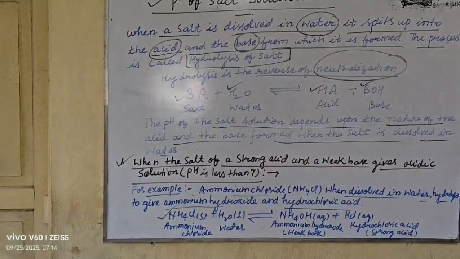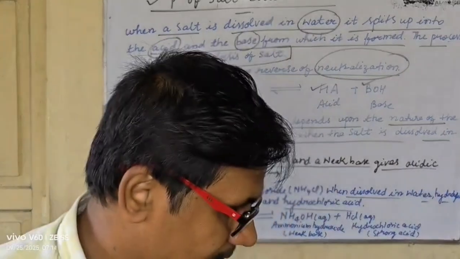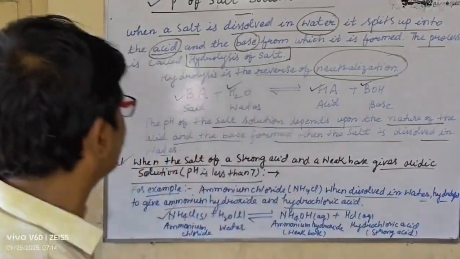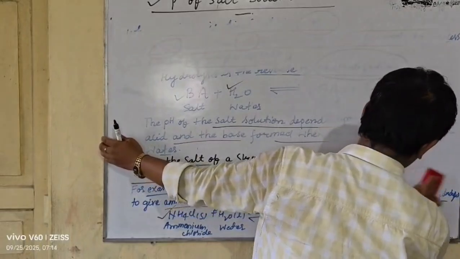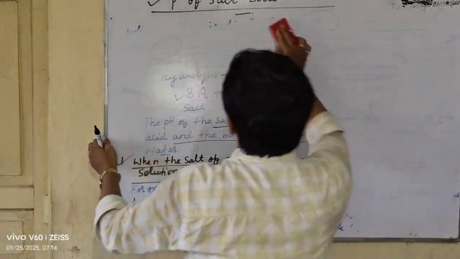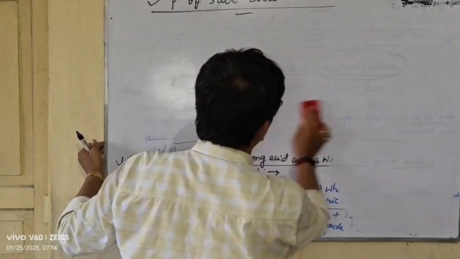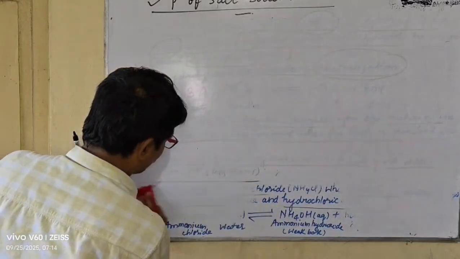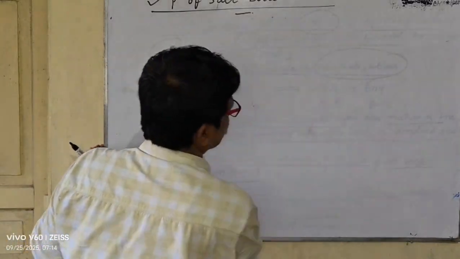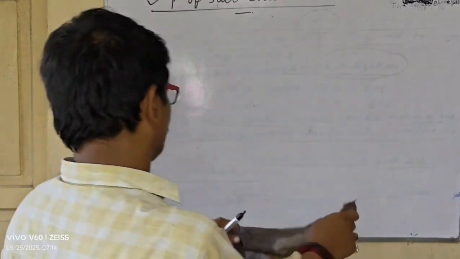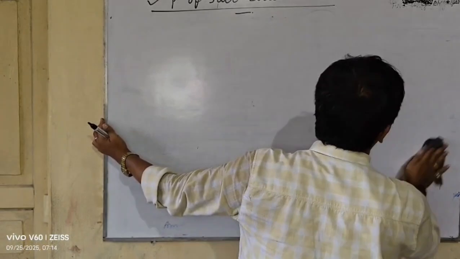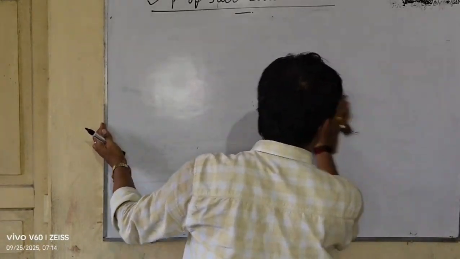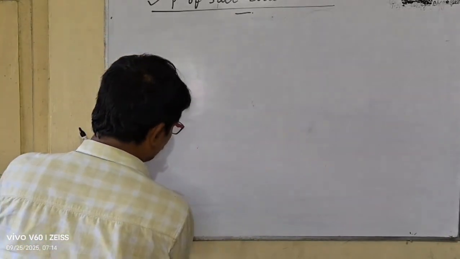Next one. Hydrochloric acid is a strong acid. It tells you the strength of the acid: the higher the H plus ion concentration, the lower the pH value.